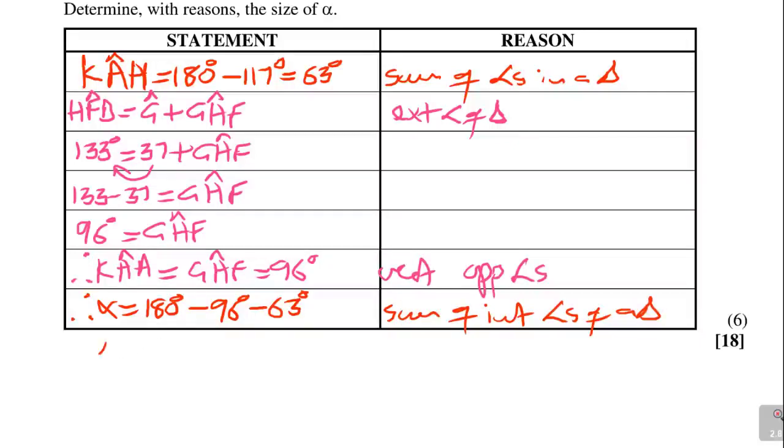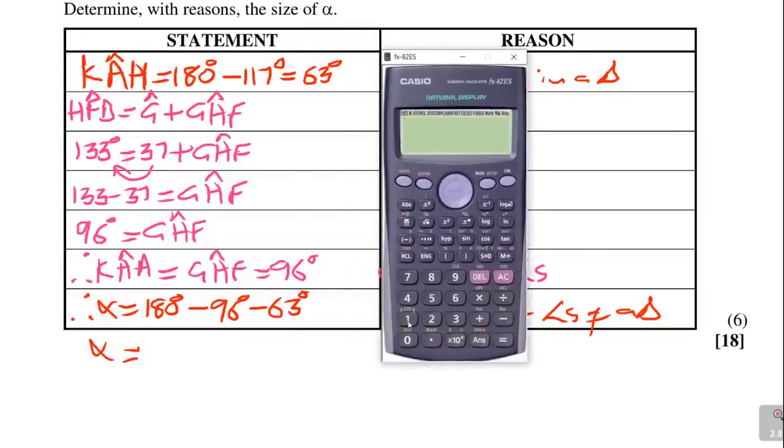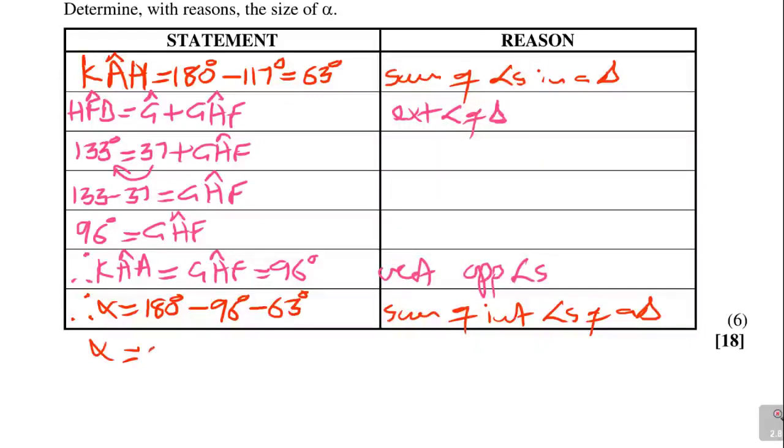Then alpha becomes 180 minus 96 minus 63, which is 21 degrees. There is your alpha.